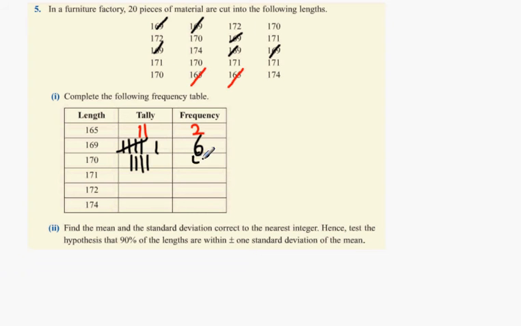How many 171s? 4. And after that, 2 172s, and finally 2 174s. Now, if you count all these up, they should add to 20. 2, 8, 12, 16, 18, 20. Everything adds up to 20. We're good to go.